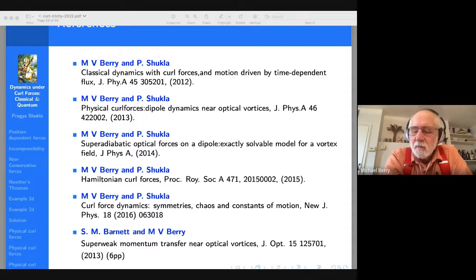And Pragya mentioned the paper with Stephen Barnett, where we look at a different quantum effect: the way in which vortices can provide high momentum near a vortex, even though the intensity is very small. The momentum is very large, the phase gradient, and that would kick small particles placed there. That's a different aspect. But with the cores, as I say, there are these windows into the quantum electrodynamics beneath.